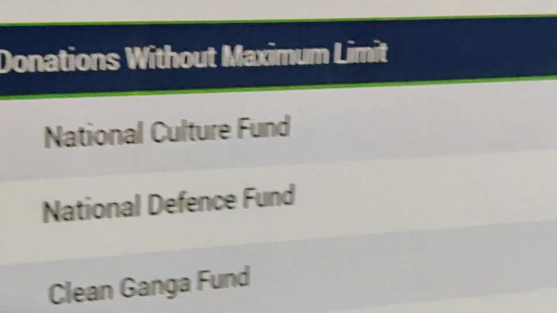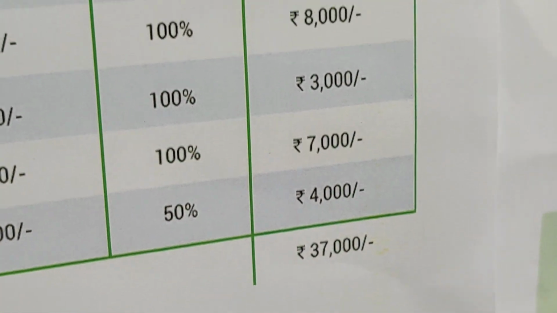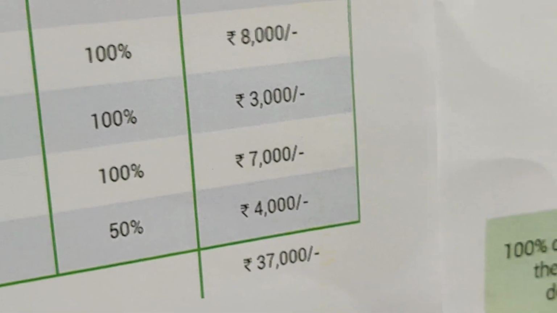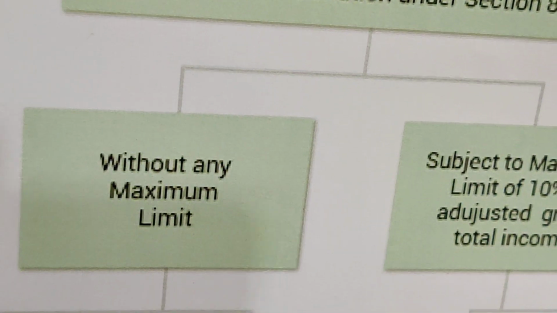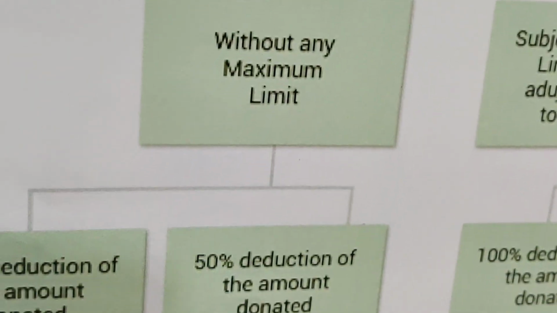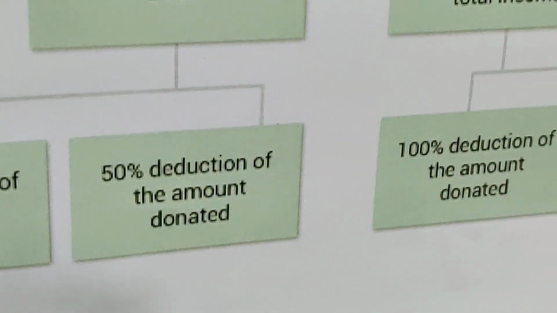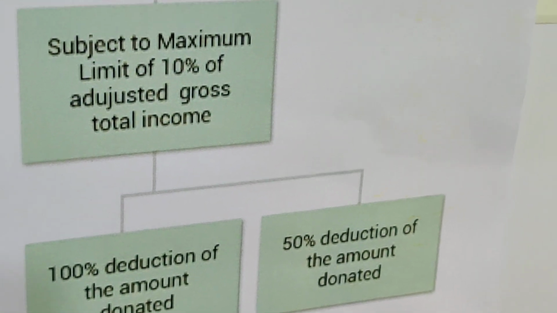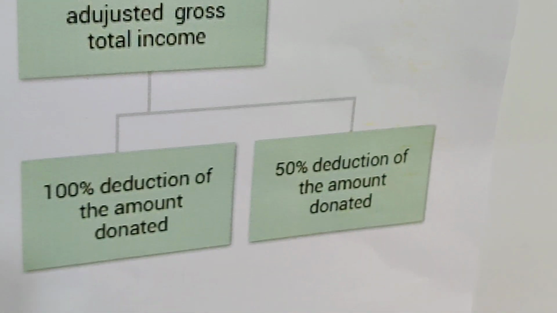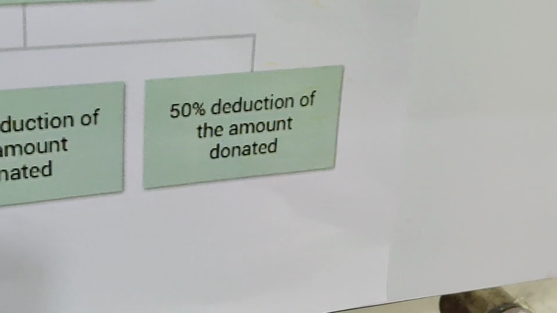Similarly, if you see the eligibility, some is 100%, some is 50%. That is why your deductions under section 80G without a maximum limit get 100% donations or 50% deductions, and those restricted to 10% of your adjusted gross total income also get a deduction of 100% or 50%.